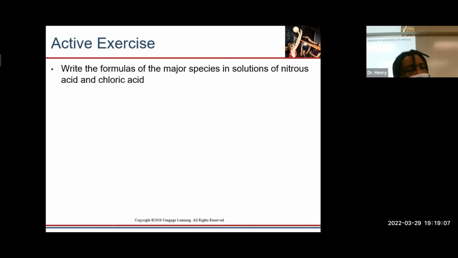Okay, so write the formula for the major species in solution for nitrous acid and chloric acid. So nitrous acid. What is going to be the major species for nitrous acid?